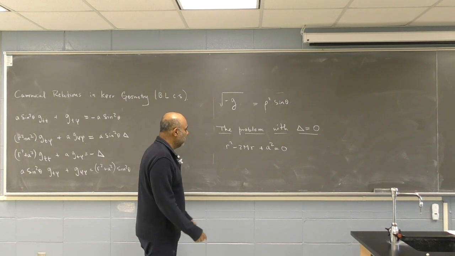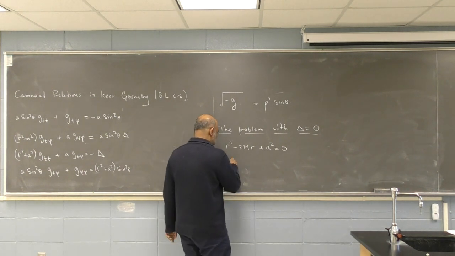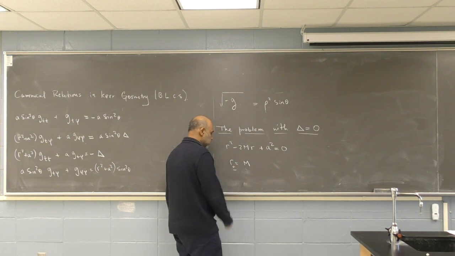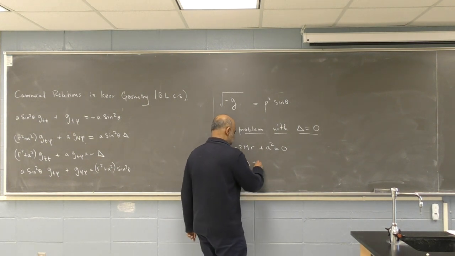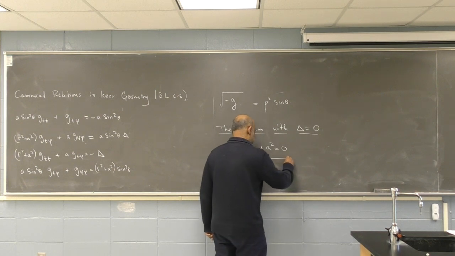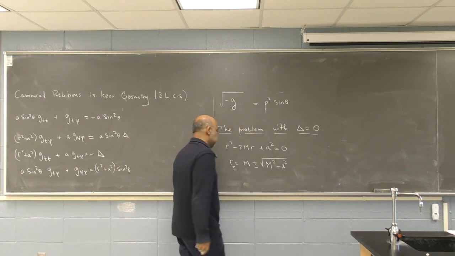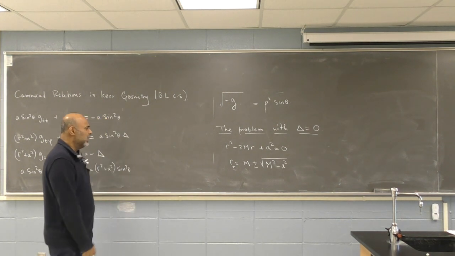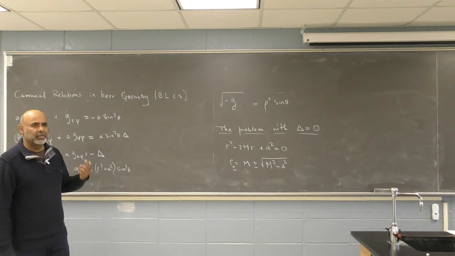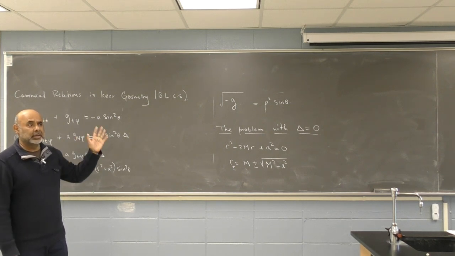Simple quadratic equation. If you solve for r, you get two values, which I'll denote by plus and minus. And you might as well get used to it. I will refer to r plus and r minus as horizons, the outer horizon and inner horizon.